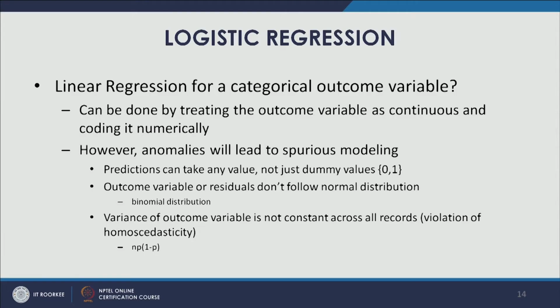However, if we look at the variance for our categorical outcome variable, it is going to be n times p times (1 minus p), and as you can see, because this is dependent on the value of p, the variance will change as the value of p changes. When the probability value is close to 0, the variance would be on the lower side, and when p approaches 1, the variance would be on the higher side.